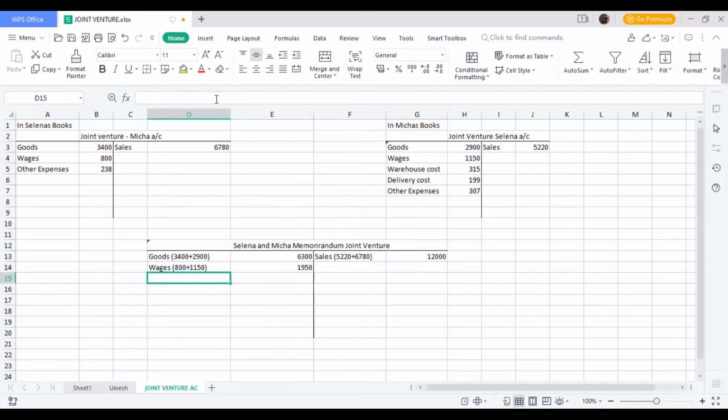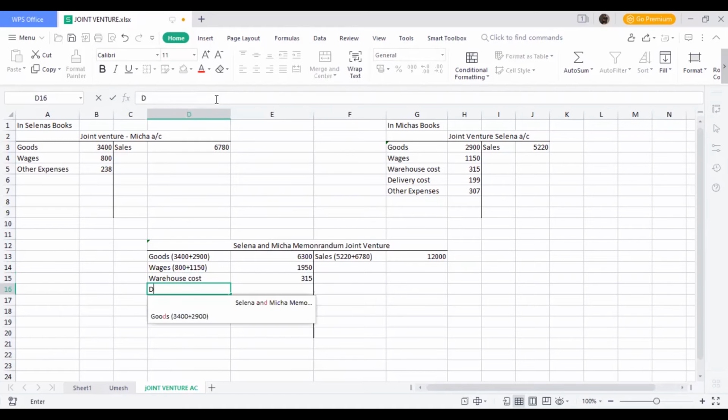Then you get warehouse cost 315. Delivery cost is an expense made only by Misha's book, so delivery cost is 199. Other expenses both of them have made.